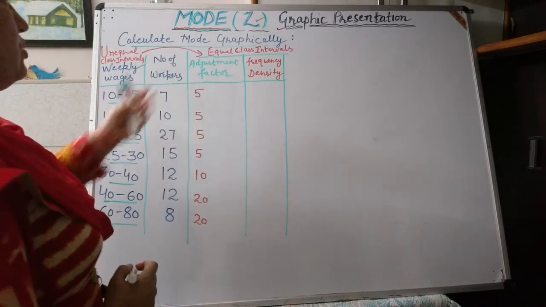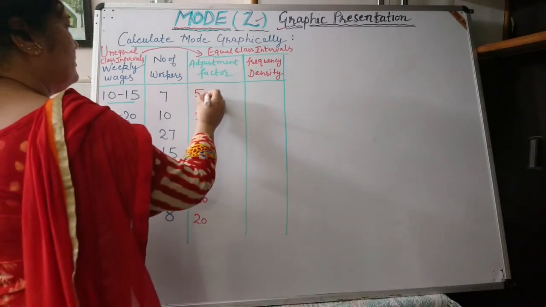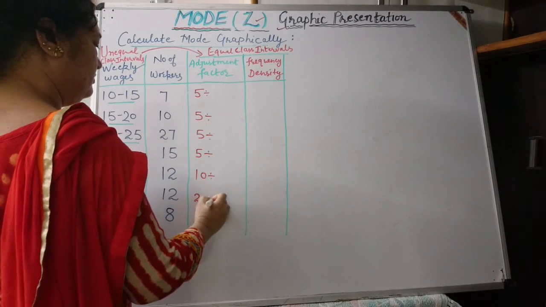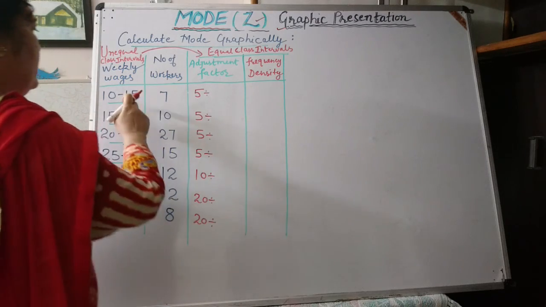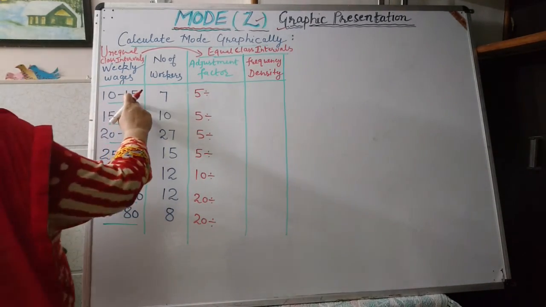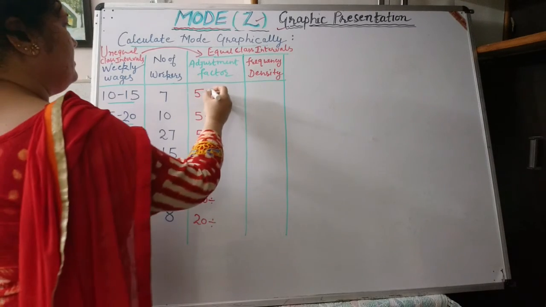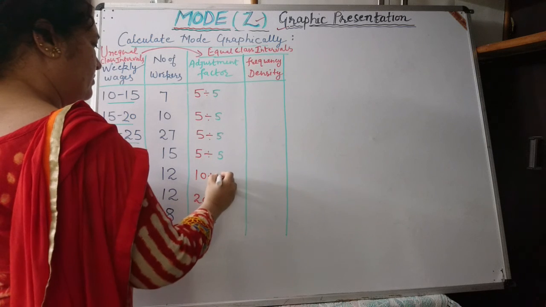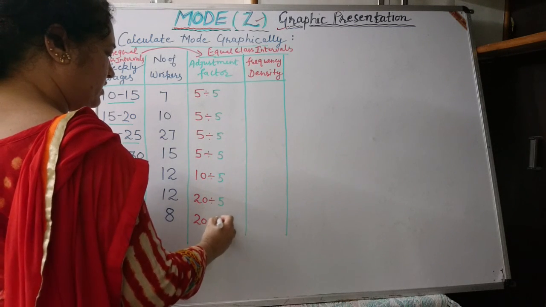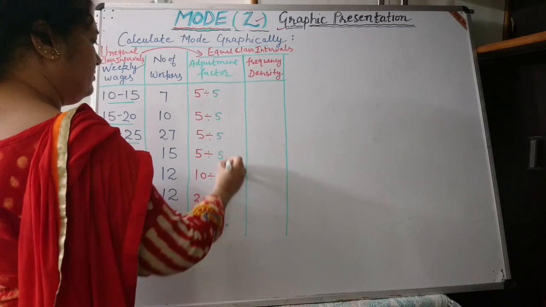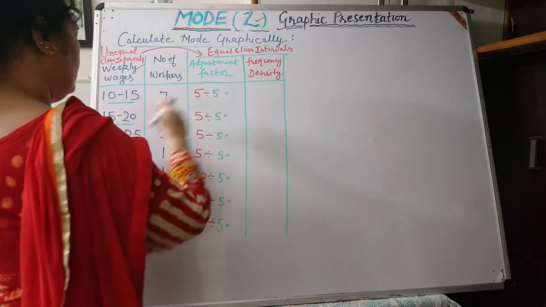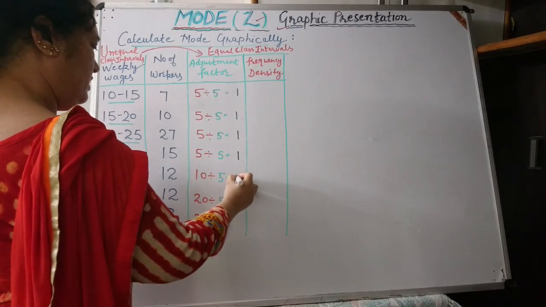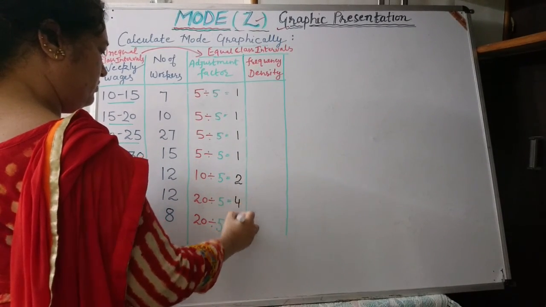So in the adjustment factor we will divide all these class intervals by the common factor or minimum class interval, that is 5. So all these unequal class intervals will be divided by a common factor which is 5. So it will be equivalent to 1, 1, 1, 1, 2, 4, 4.